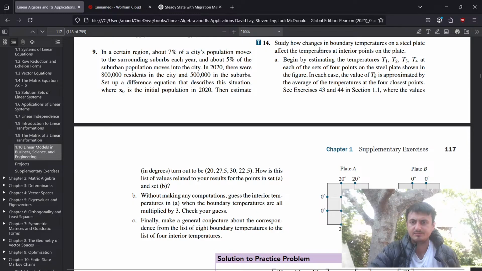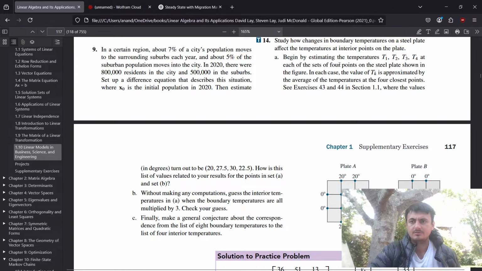Study how changes in boundary temperatures in a steel plate affect the temperatures into estimating the temperatures.